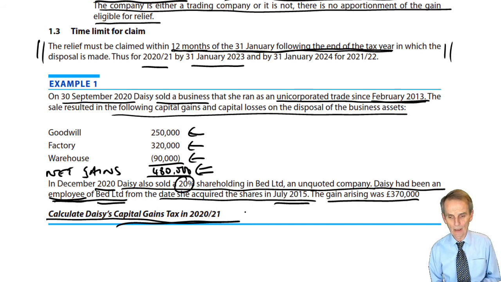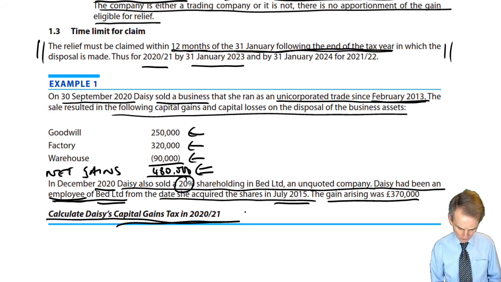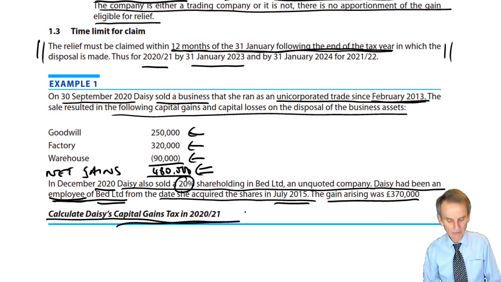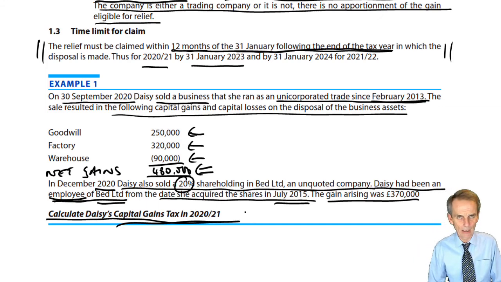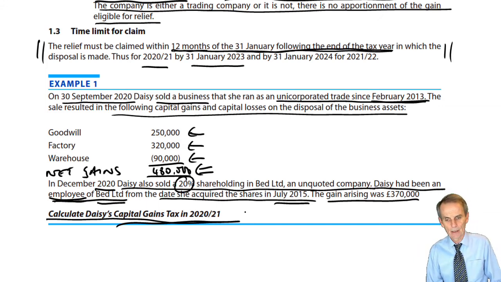There's no information about any of the lifetime limit of £1 million having previously been used, and therefore all of those gains will be eligible for business asset disposal relief. You'd probably also be told the level of taxable income of the taxpayer for the tax year, but as there are no other gains, that is irrelevant here because all of these gains will be taxed at 10%.